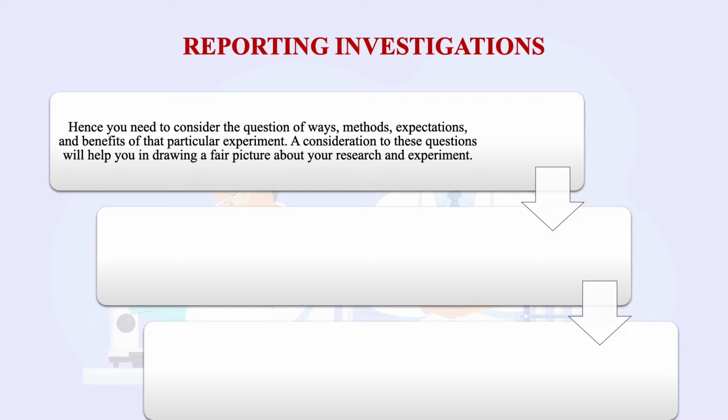Hence, you need to consider the ways, methods, expectations, and benefits of that particular experiment. Considering these questions will help you draw a fair picture of your research and experiment.